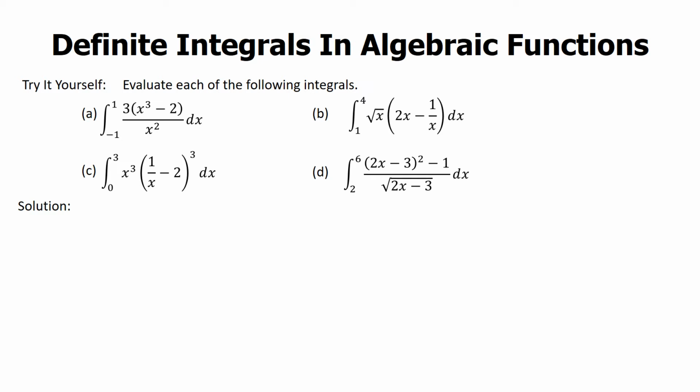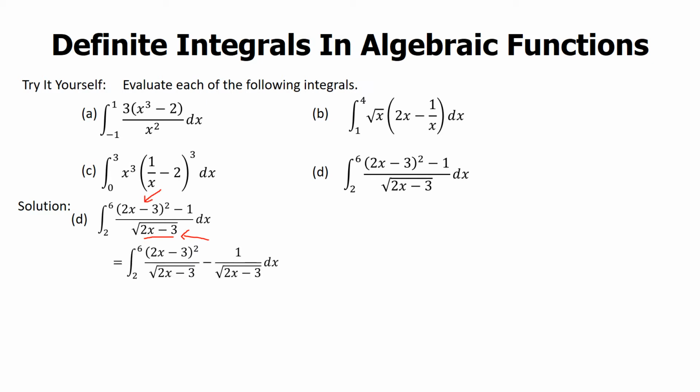Here is the solution for D. Integration from 2 to 6, (2x minus 3) squared minus 1 over square root of 2x minus 3 dx. Notice that the denominator has only one term, 2x minus 3, similar with the top, (2x minus 3) squared.